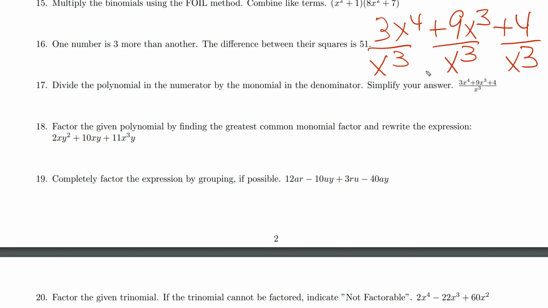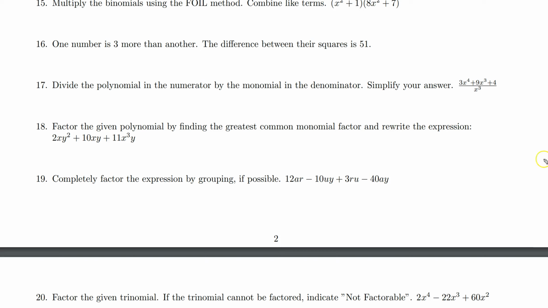So now you're going to get 3 answers. Simplifying this, we get 3x. Simplifying this, we get 9. And this is as far as you can go here. And you get plus 4 over x to the third. And that would be the strategy for that one here.